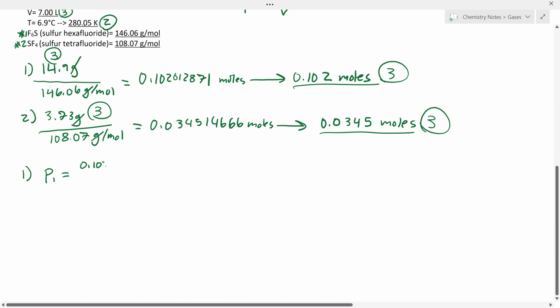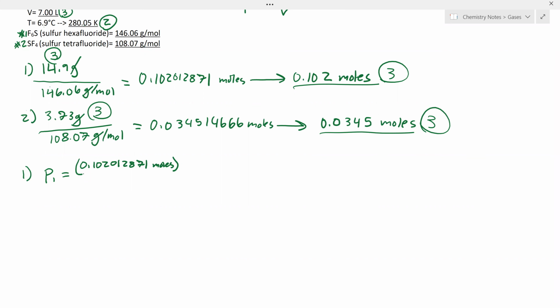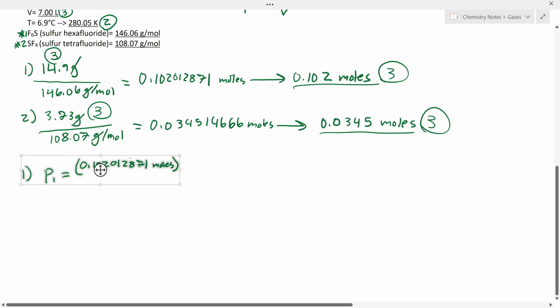Remember, you want to use the full value for this. And write the units, because it helps make sure that your units cancel out as they're supposed to. Some people don't, and then they go back through the problem and they're not sure where they went wrong. That's where you went wrong.